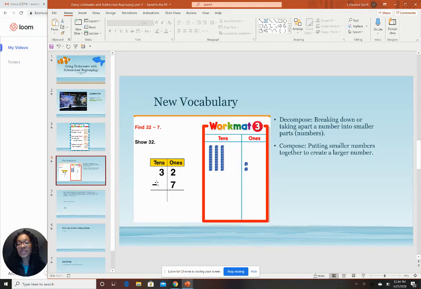So you need to go to the tens place, and we're going to decompose or break down that 10 into 10 ones, okay? So that's what it means to decompose. And then compose is putting smaller numbers together to create a larger number. We're going to be focusing on decomposing our numbers because we're really focusing on that regrouping piece.